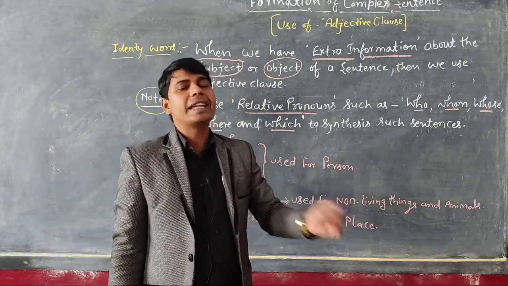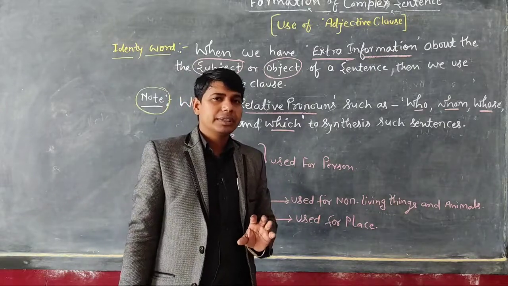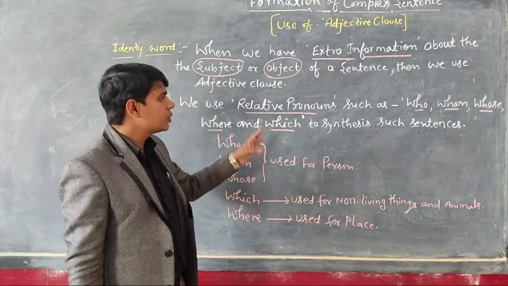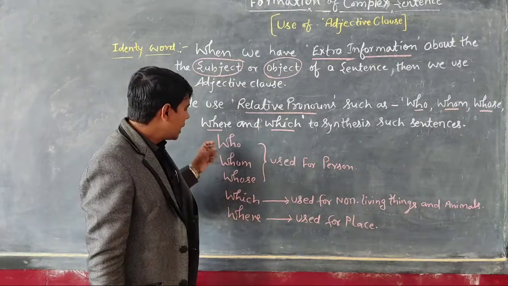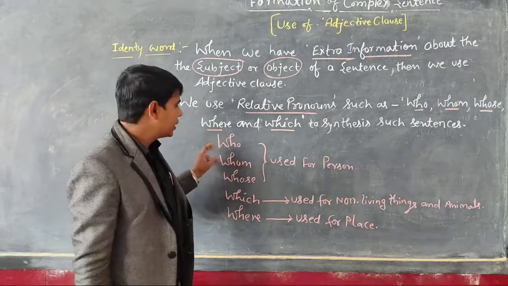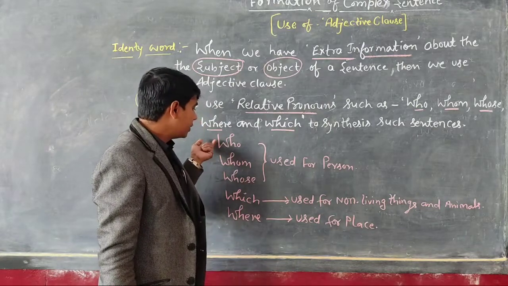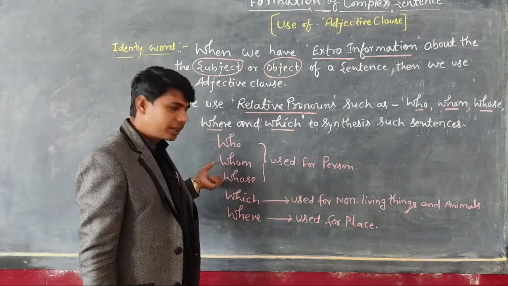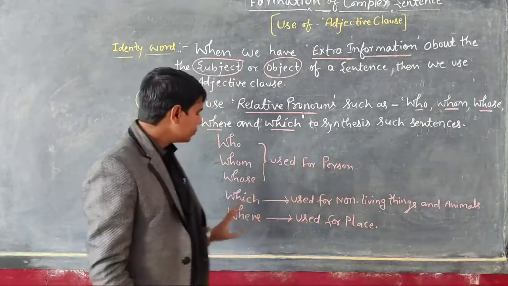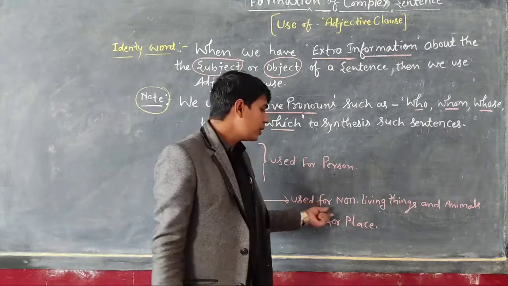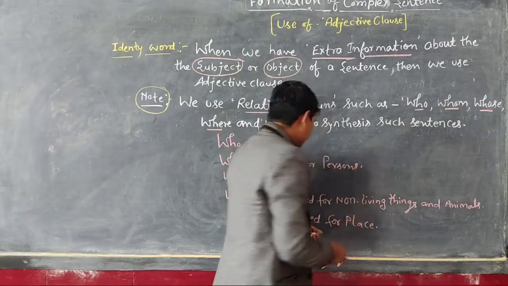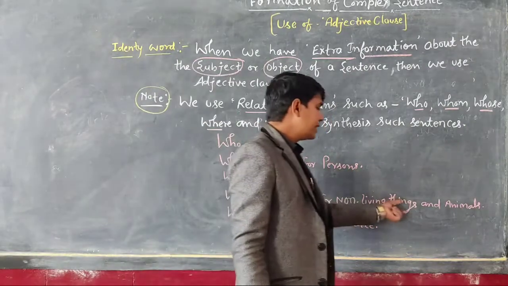When you modify any person or tell the quality of a person, then to synthesize into a complex sentence, we use any one of these: who, whom or whose. These three relative pronouns are used only for persons. And which is used for non-living things and animals.